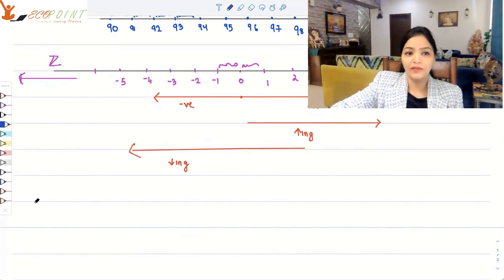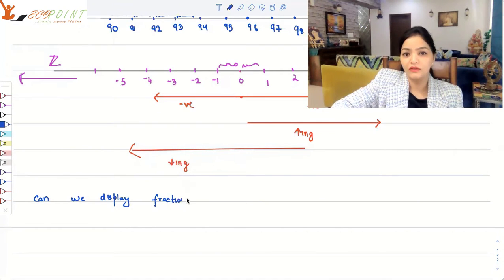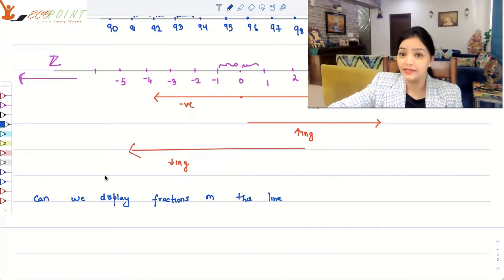Can we display fractions on this number line? And the answer is yes, absolutely yes, we can do that, because the concept of equidistant, we can actually try out with fractions as well.